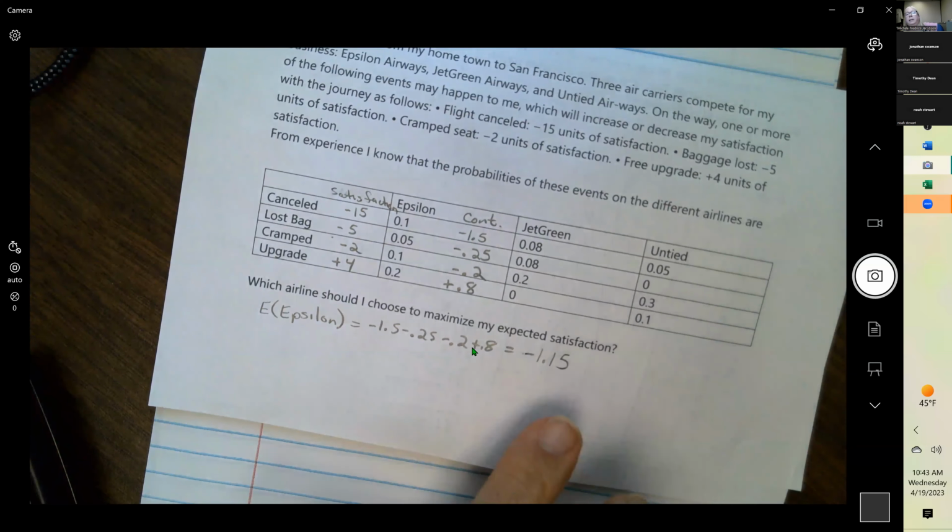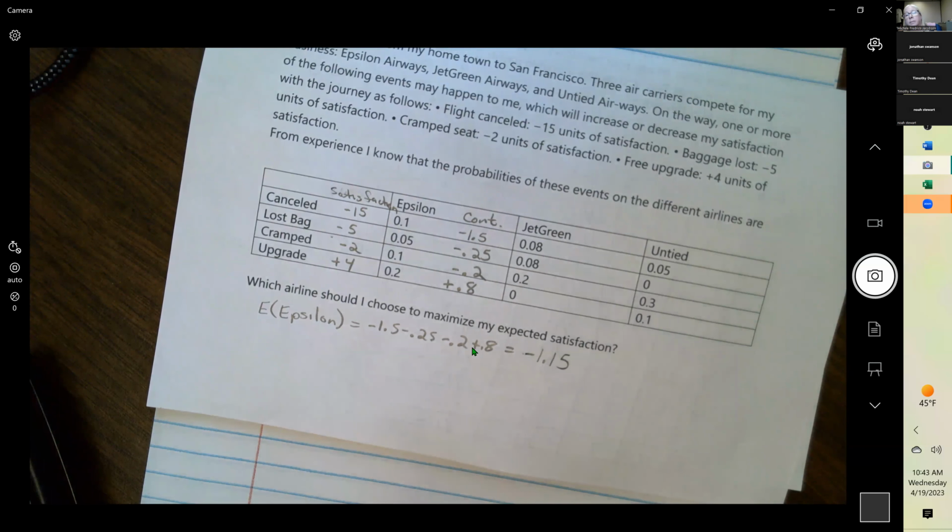So this one is unsatisfactory because it's negative. Are there any questions on that?